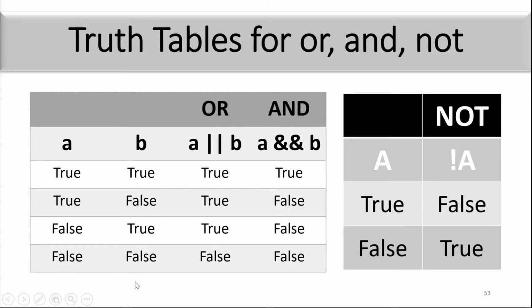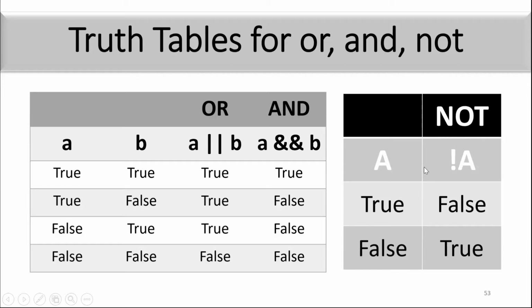Then for false and false, the result for OR is false, and for AND it is also false. So both statements must be true to come up with a true answer for the AND operator, and whenever there is a single true statement in the expression, the result is true when you use the OR operator. For NOT, it displays the opposite of the value.